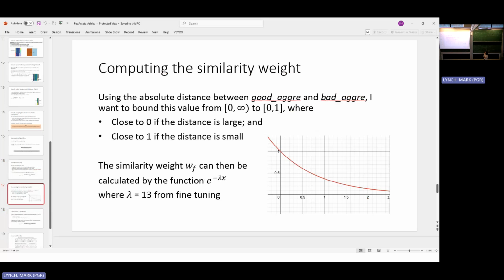That's why the similarity weight is simply exponential e to the minus lambda x. After some fine tuning, we have shown that lambda 13 is the best choice. We tried a lot of different lambdas. It could be a learnable hyperparameter, but at that point, I just used fine tuning and chose the best one.